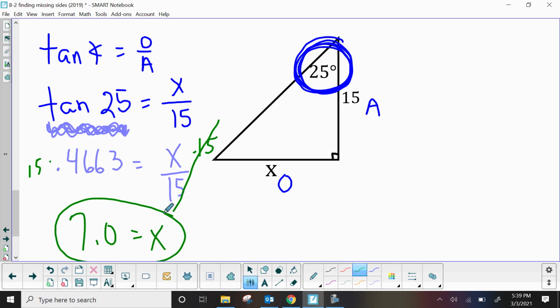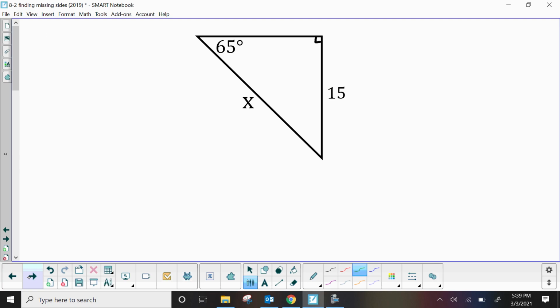All right, let's look at one more. Now the reason why I want to look at this one, because this one's a little bit different, and I'll show you how. First thing we should do, circle the angles. So I'm circling the angle that I have. It's 65 degrees. Now I'm going to label the parts. 15 is opposite of that angle. X is the hypotenuse.